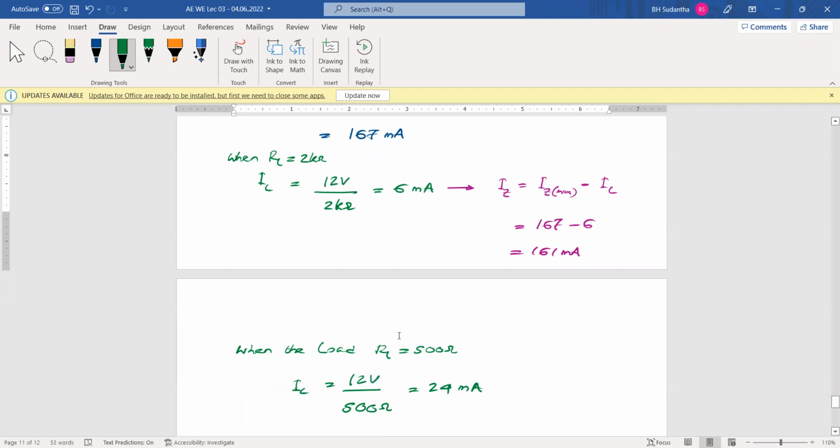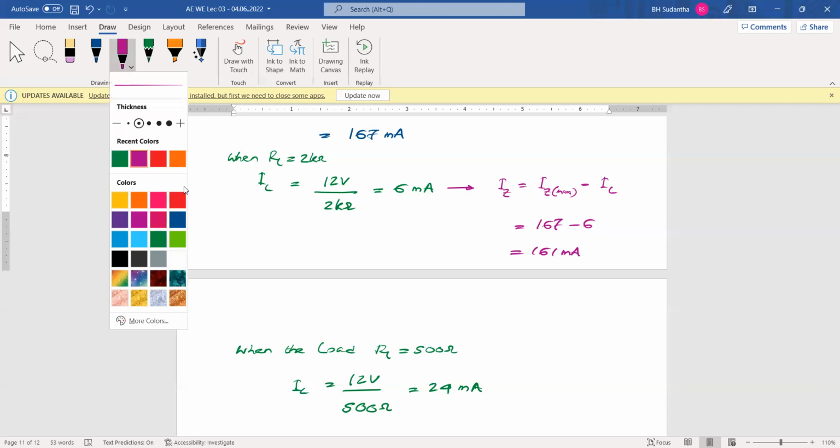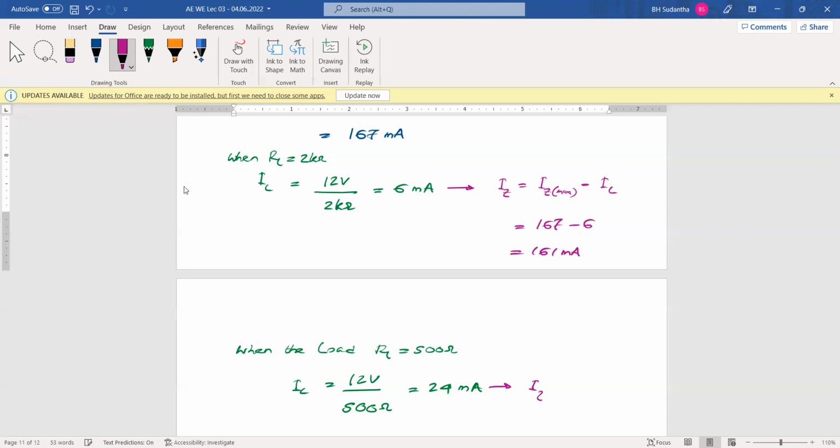Then we can find IZ at that time. These two are within the range, so the Zener can handle this.